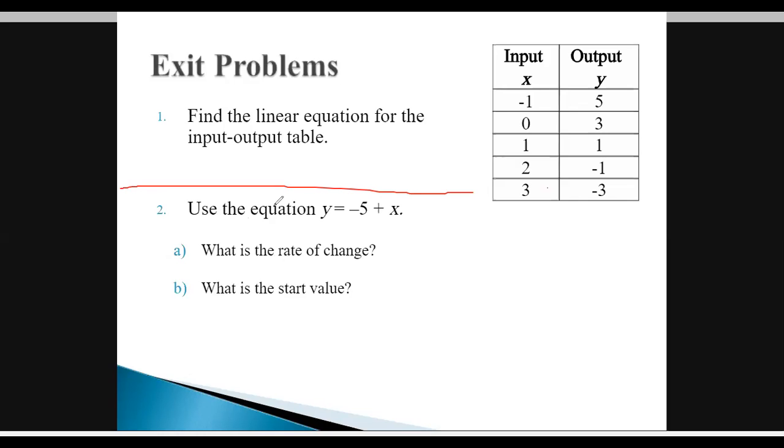In case I give you the equation and ask you to calculate the rate of change, we said the rate of change is exactly like the slope. So we go directly to x and pick up the coefficient before x. The coefficient before x here is how many? It is 1. So the rate of change is 1.